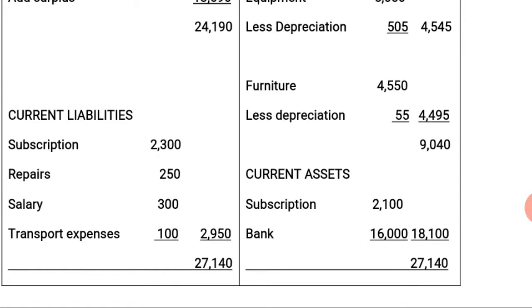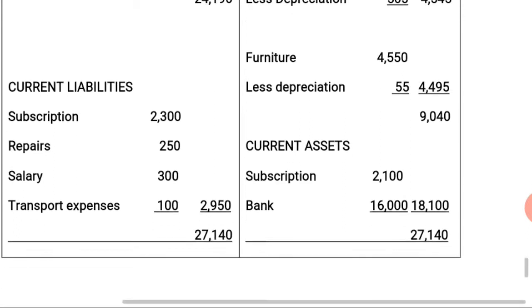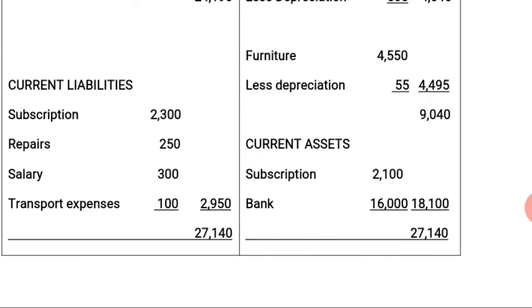More so, we have the furniture. The value of the furniture as stated in additional information number 1 was 1,550 naira, and during the year, one amounting to 3,000 naira was purchased. So you have to add that 1,550 naira plus the new furniture bought during the year 2014 as stated in the receipts and payments account, 3,000 naira. So you had 1,550 plus 3,000 naira, you have 4,550 naira.